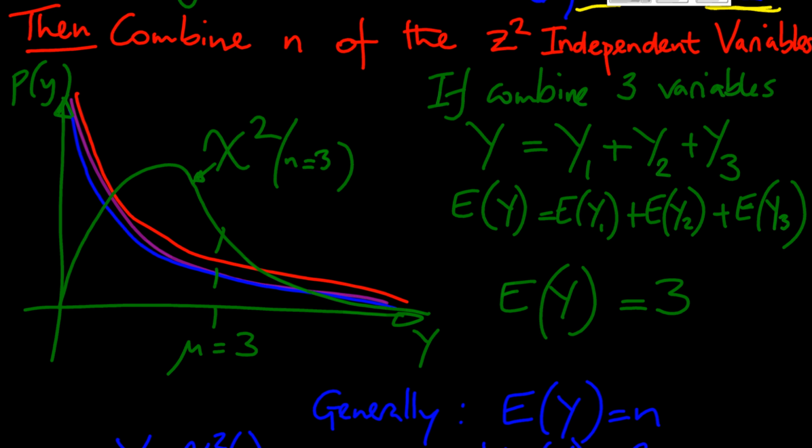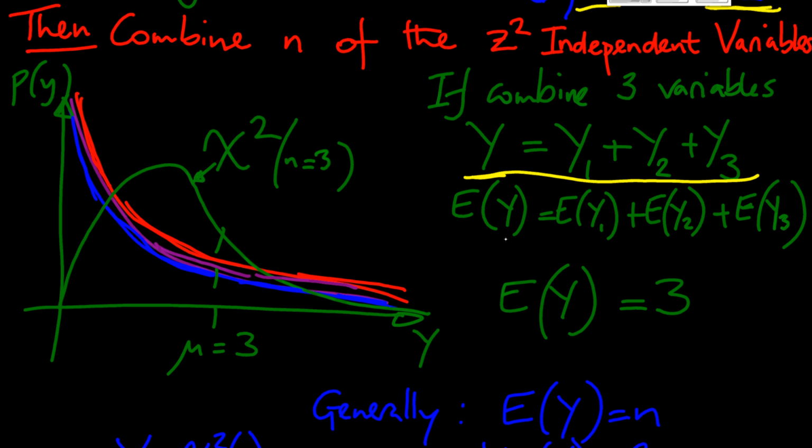Well, if we have our original blue line here, that's our first one, and then we're going to combine it with a second variable with the same profile, the purple one, and then a third one, which is our red one here. Let's call each of those y, because we created our y distribution above, and now we're going to combine y1, y2 and y3 together to get our combined distribution.